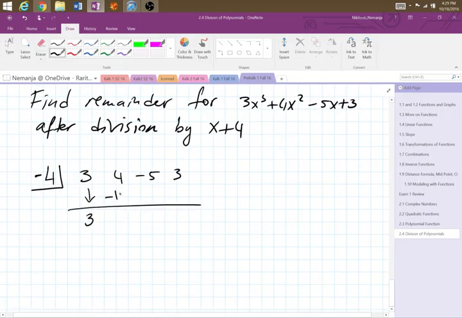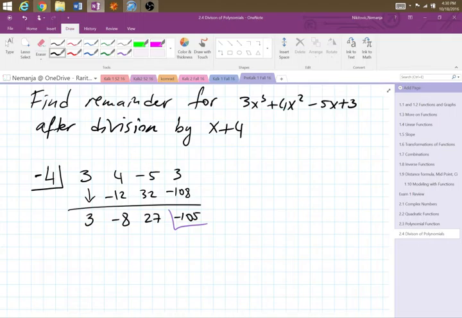That's negative 12, negative 8, positive 32, 27. That's 108, negative 108. And then negative 105, right? So remainder should be negative 105.